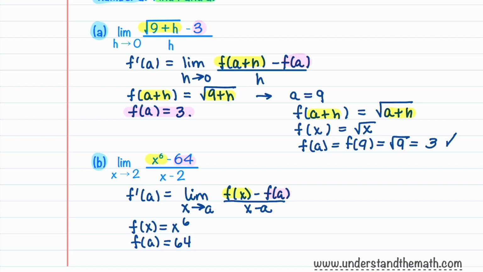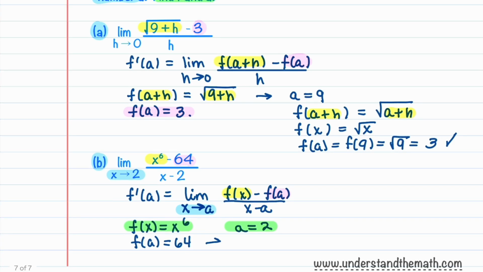To find a, all we need to do is compare our limits. x goes to a is the same as x goes to 2, so that tells us that a is equal to 2. So we found that f of x was x to the 6th and a was equal to 2.